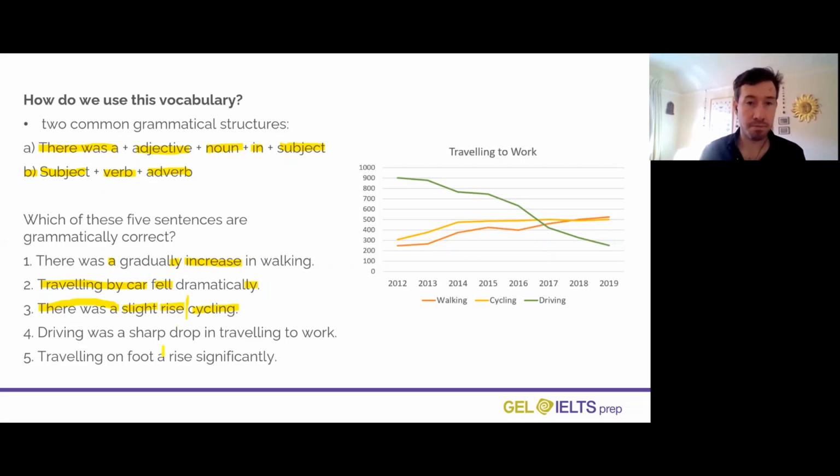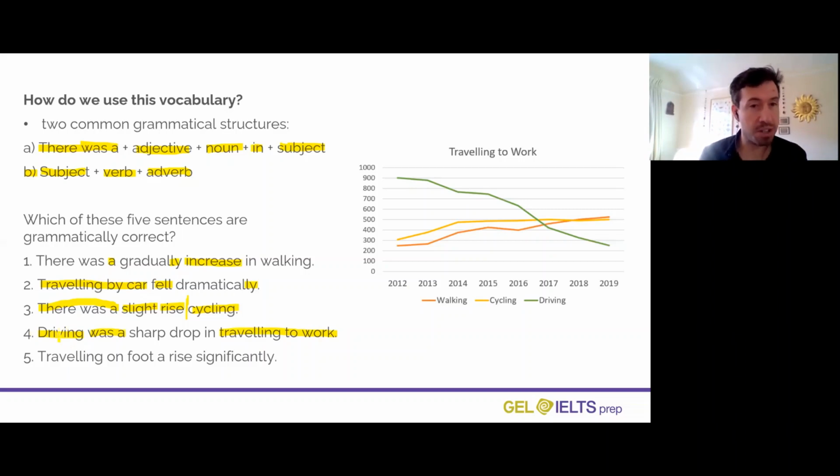Number 4. Driving was a sharp drop in traveling to work. Well, this is a little bit confusing because we've got driving was a. We've got this was a from here, was a. And instead of there, we've put the word driving. And we've got a subject here. So traveling to work and driving, there's 2 subjects in this sentence, which is not correct.